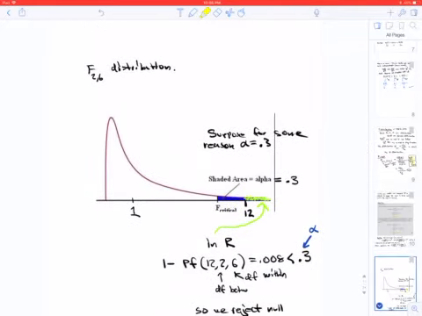So this is a picture of the F(2,6) distribution, which is what we're looking at in this example. And so we got 12, and we can compute the p-value.